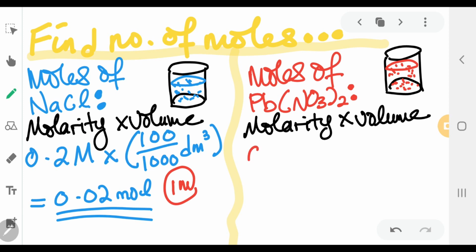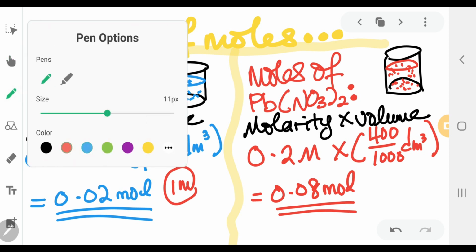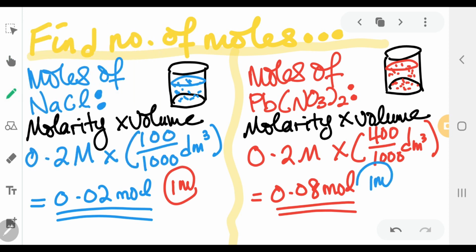So molarity is 0.2 molar times 400 over 1000 decimeter cubic, and the number of mole is 0.08 mole of Pb(NO3)2 involved. So you would get another 1 mark for that.